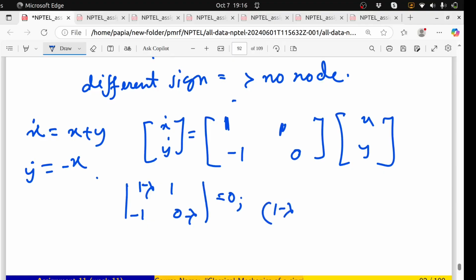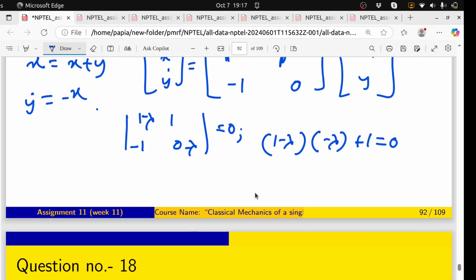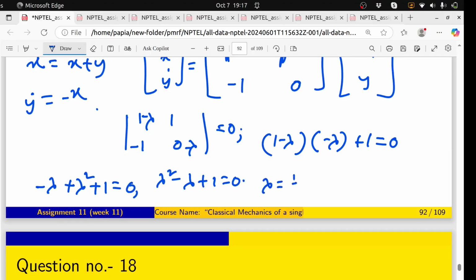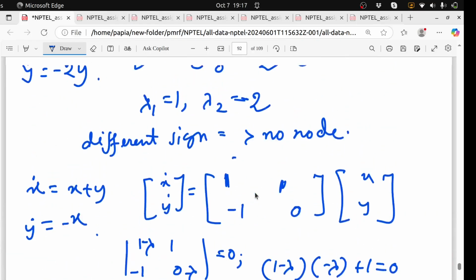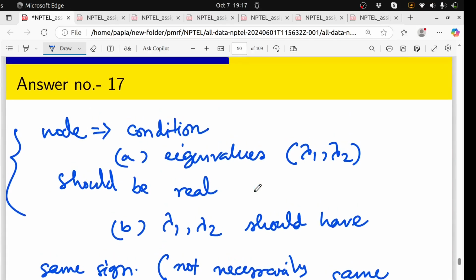This will be 1 minus lambda plus 1 equals 0. So it is giving me minus lambda plus lambda square plus 1 equals 0. Lambda square minus lambda plus 1 equals 0. So lambda is half plus minus root 3i by 2. Now you can see that these lambda both are complex. This is not real, so it will not give me the node.